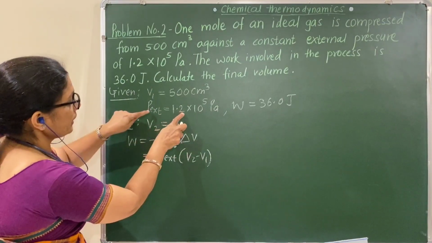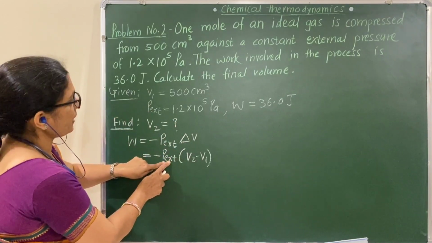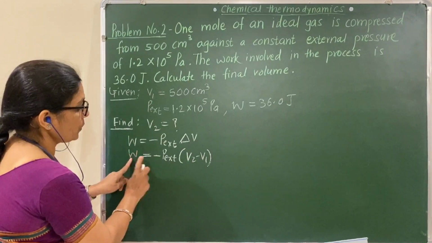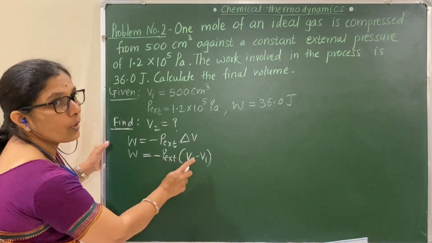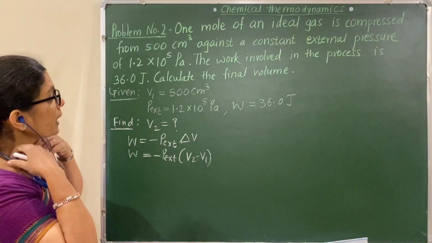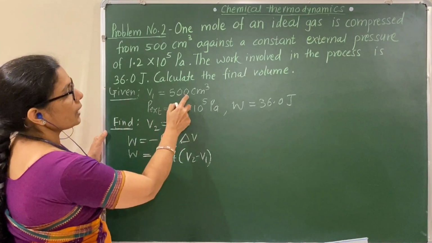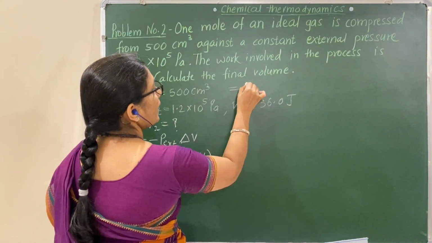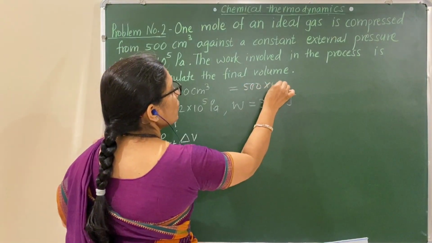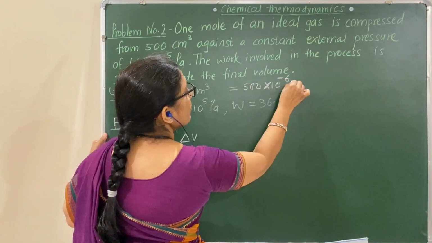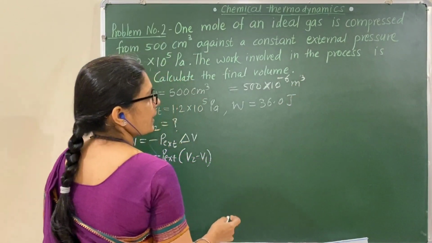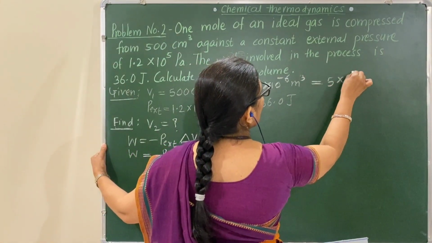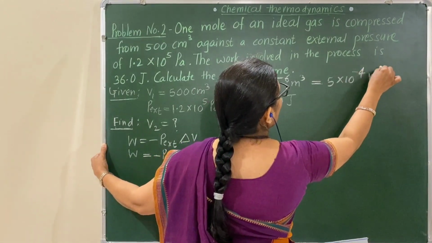See here, pressure is in Pascal and work is in Joule. Therefore, volume is required in meter cube. Therefore, convert this into meter cube, which is equal to 500 into 10 raised to minus 6 meter cube. Therefore, it is equal to 5 into 10 raised to minus 4 meter cube.